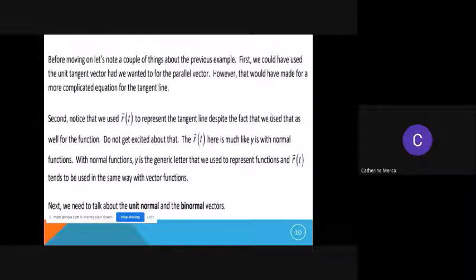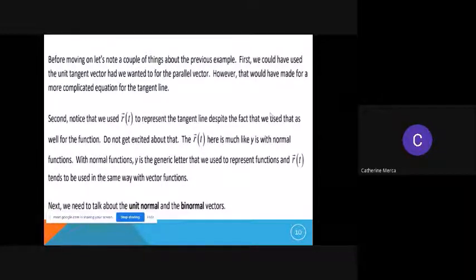So, before moving on, let's know a couple of things about the previous example. First, we could have used the unit tangent vector had we wanted to for the parallel vector. However, that would have made for a more complicated equation for the tangent line.